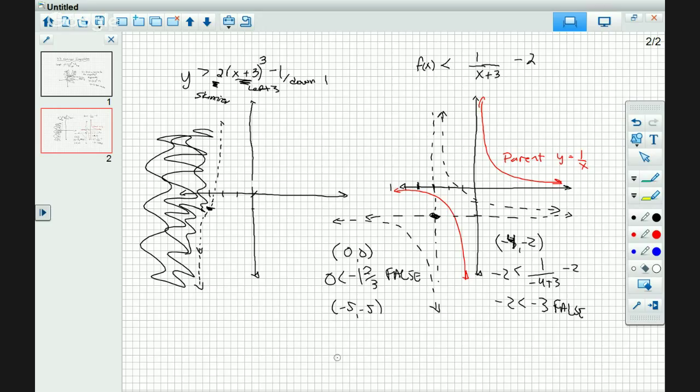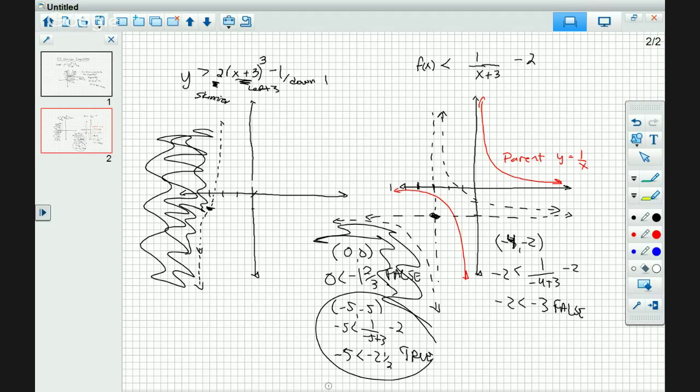A little bit messy, but that's -1/2 -2, right? -2.5. Is that true? I think it is. Okay, so we got to shade in here, and in here only.